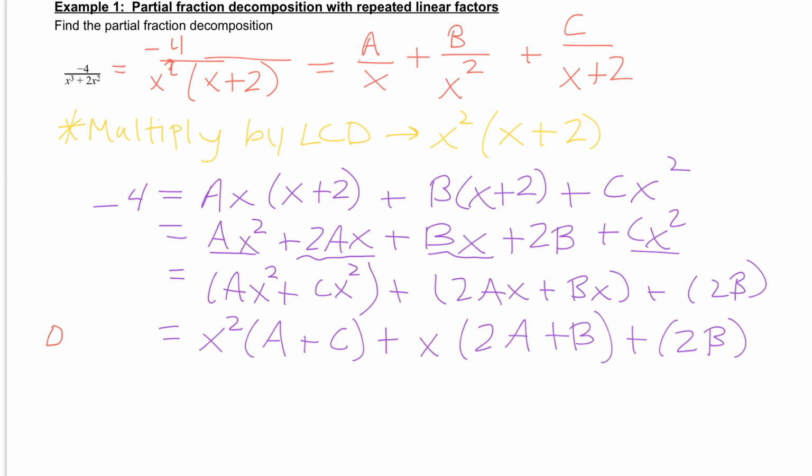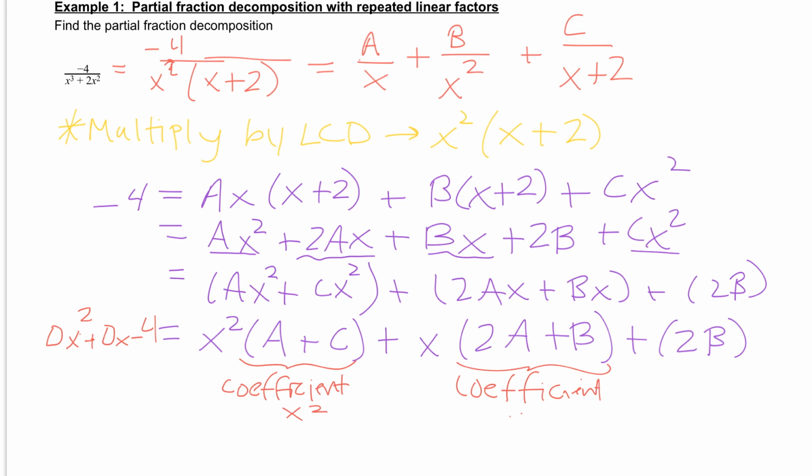We have 0x to the second plus 0x minus 4. And that's going to help because this A plus C has got to be the coefficient in front of our x squared. This 2A plus B is going to be our coefficient of x. And our last part, this 2B, that's our constant.